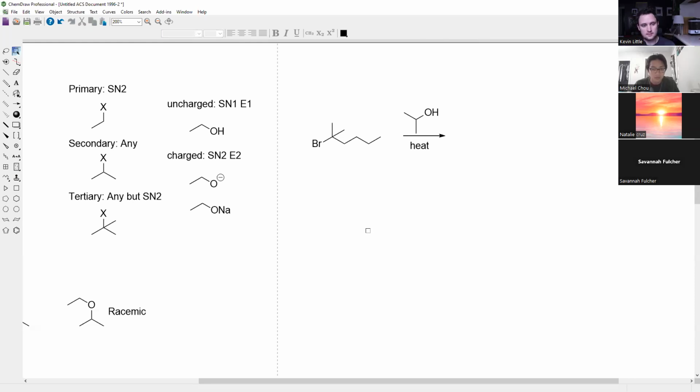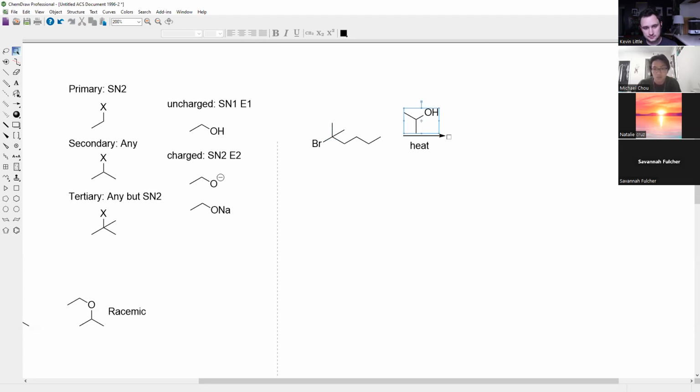What kind of alkyl halide is this? Tertiary. So I know it can't be SN2 right off the bat. So I'm talking E1, E2, SN1.